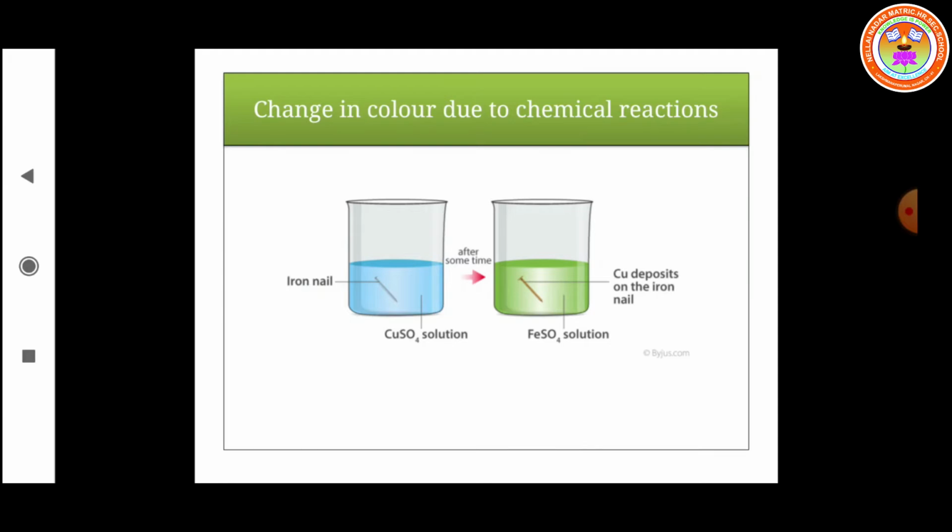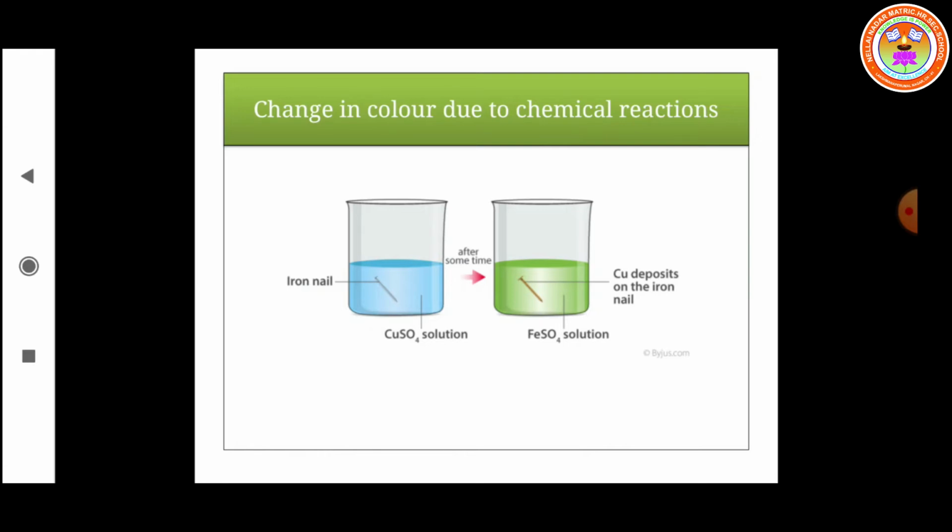some number of days. After 3 or 4 days, if this solution is seen, the color of the copper sulfate solution changes from blue to green, and the solution becomes a ferrous sulfate solution.